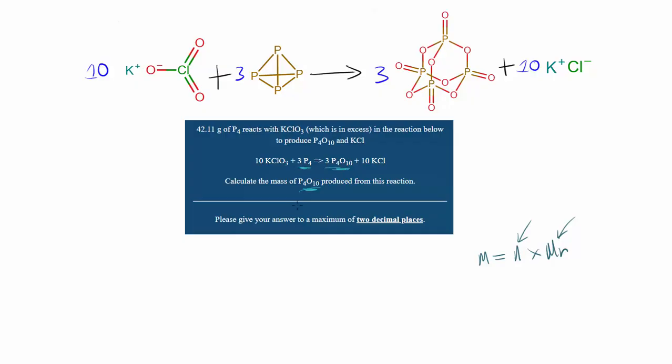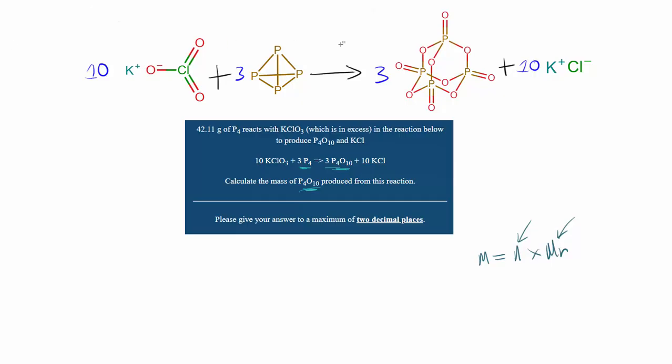We can compare it to the moles of P4, and based on how they compare as far as the amount of substance in the balanced equation, we can use that information to work out the moles of P₄O₁₀. Now, with regards to P4, we don't actually have the number of moles at this stage. We're going to try and work that out, but we do have the mass.